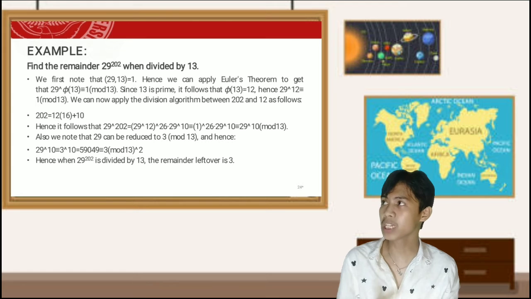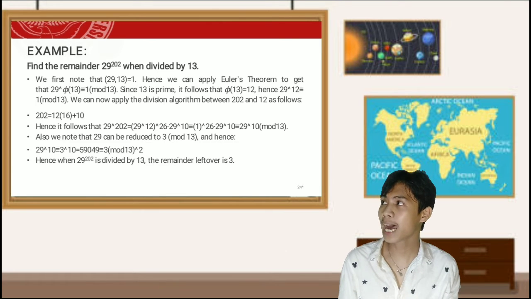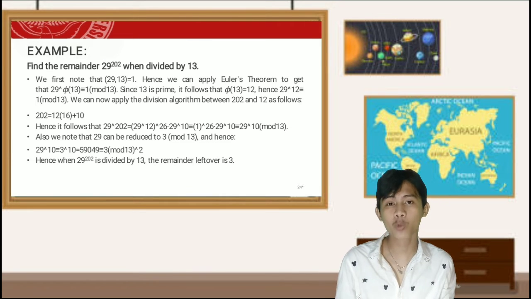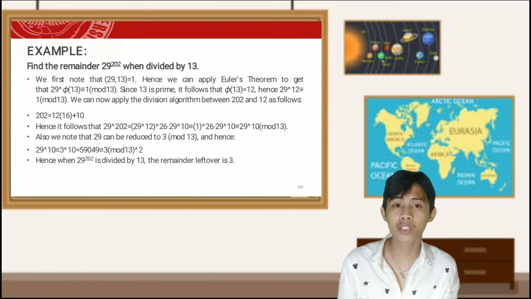We can now apply the division algorithm between 202 and 12 as follows. So, 202 is equal to 12 times 16 plus 10. Hence, it follows that 29 to the power of 202 is equal to 29 to the power of 12, to the power of 16, times 29 to the power of 10, which is congruent to 1 to the power of 16 times 29 to the power of 10, which is congruent to 29 to the power of 10 mod 13.